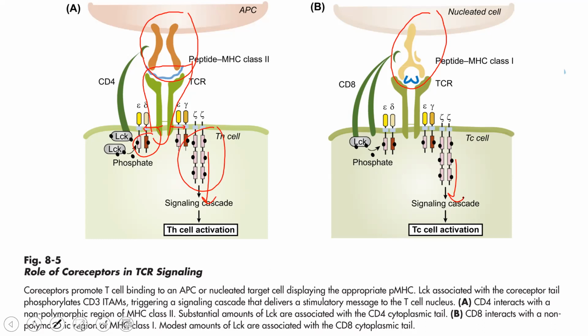The other part is that whenever an antigen presenting cell binds with the T cell receptor, the T helper has to recognize the class 2 molecule and the T cytotoxic cell has to recognize the class 1 molecule. So for recognizing this class 1 and class 2 molecule, we have this CD4 receptor or the CD8 receptor.